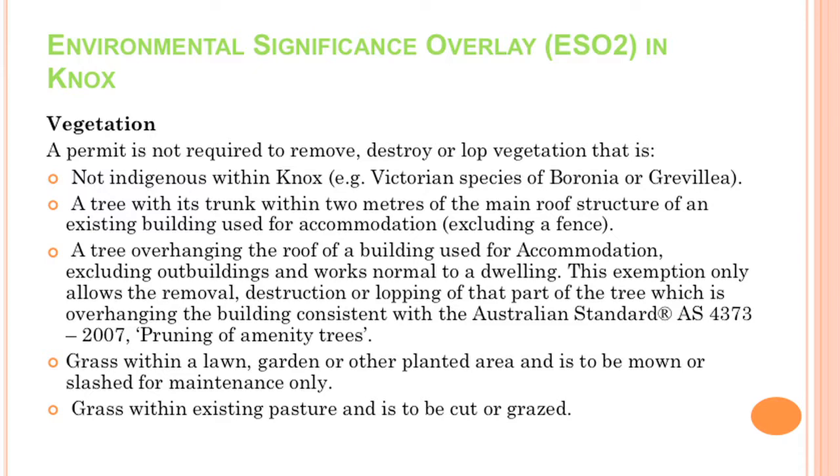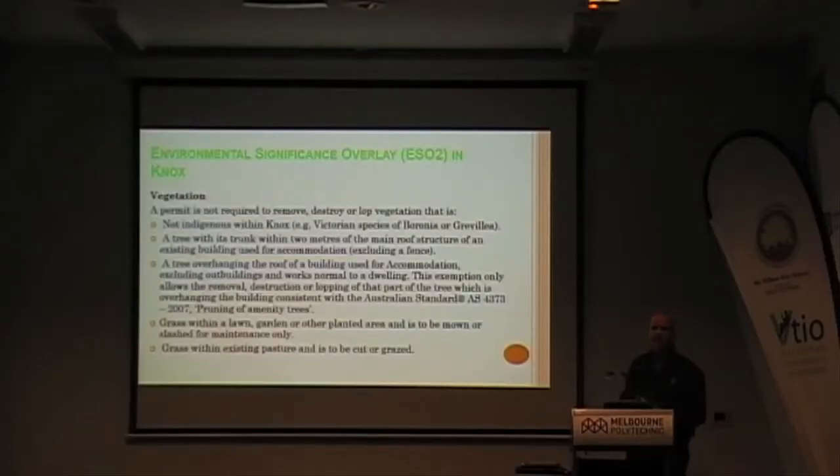As has already been said, the different schedules will have different triggers. In this situation there's no size limit, but the vegetation has to be indigenous to Knox, but there could also be a significant landscape overlay on this property, which specifies, say, a permit is not required if the tree is less than 5 metres tall and less than 50 centimetres in circumference.